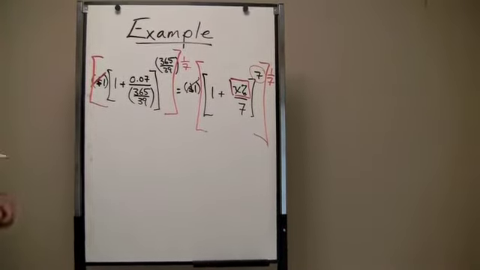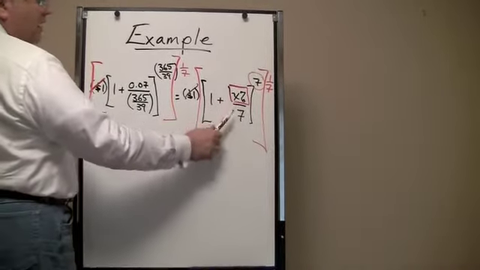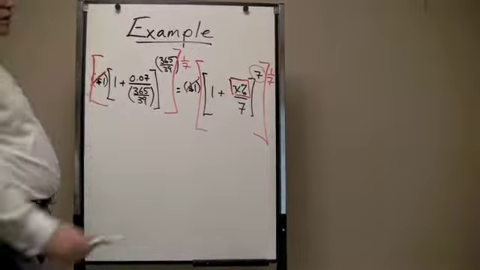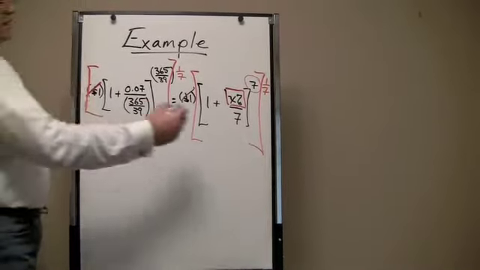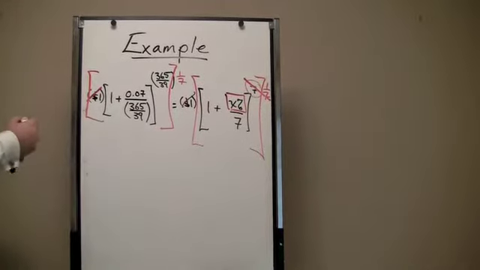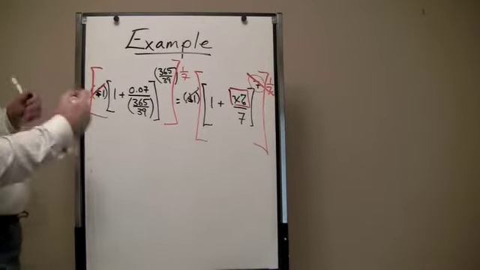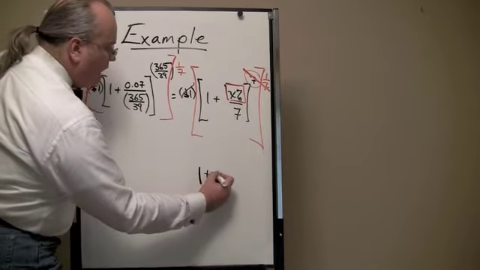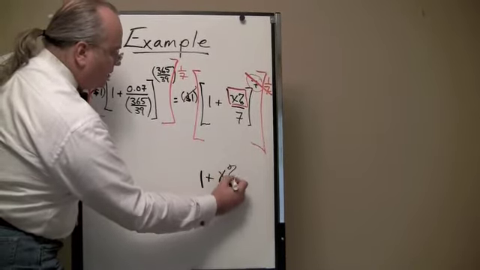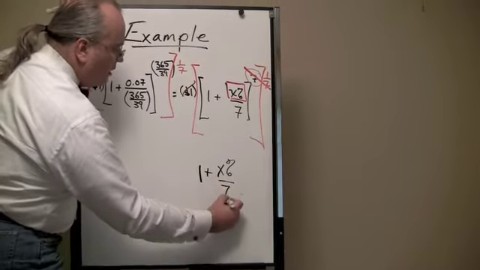What that's going to leave me with on the right hand side, something raised to the 7th power and then taking the 7th root of it, means that this essentially cancels out, and on the right hand side of the equation I'm going to be left with 1 plus my X percent divided by 7.